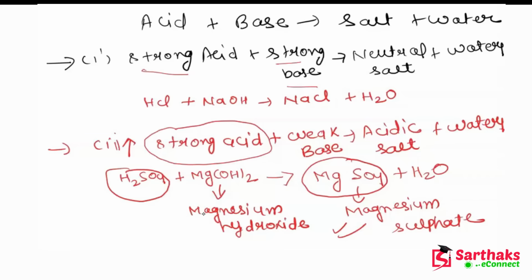So after understanding this, let's move on to the next slide and let's try to understand one more reaction about the acid and base so that the concept will get more clear. So let's move ahead on the next slide.